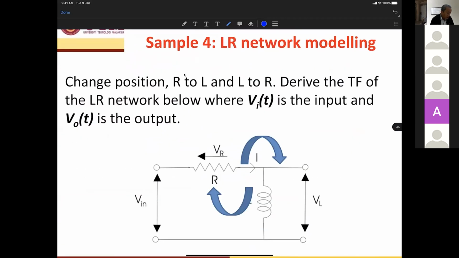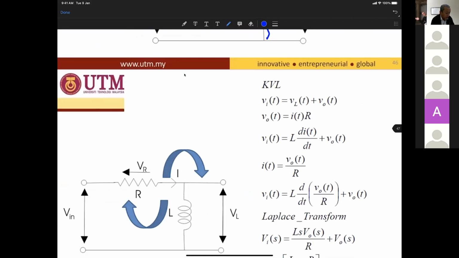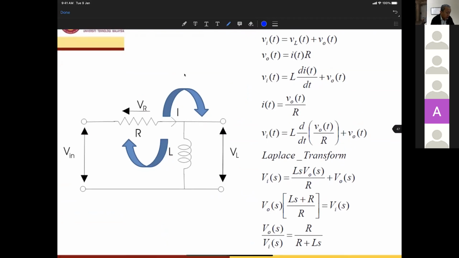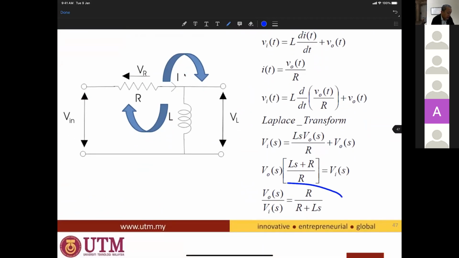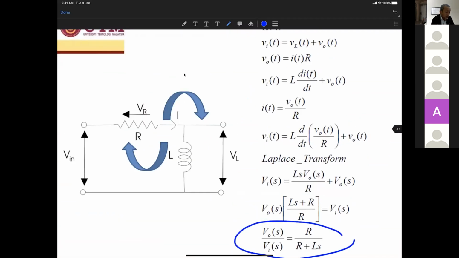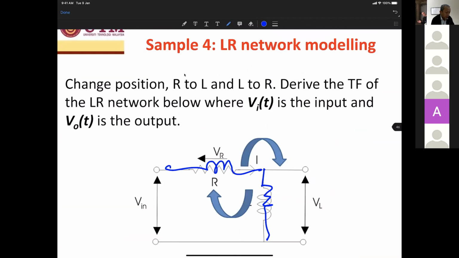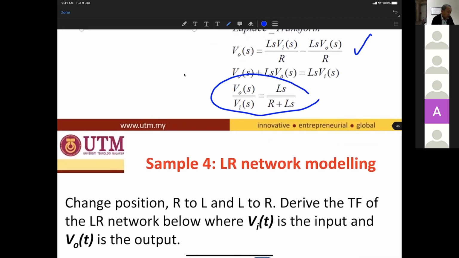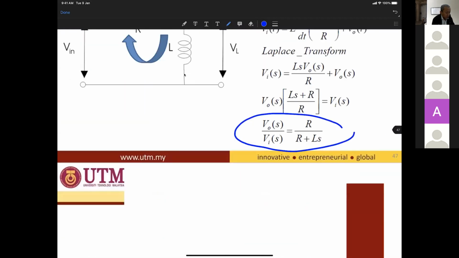And then we change the place of resistance and inductance and derive again. Using the same concept, we obtain the transfer function R over R plus Ls, which is different from here. This is RL, and this is LR.